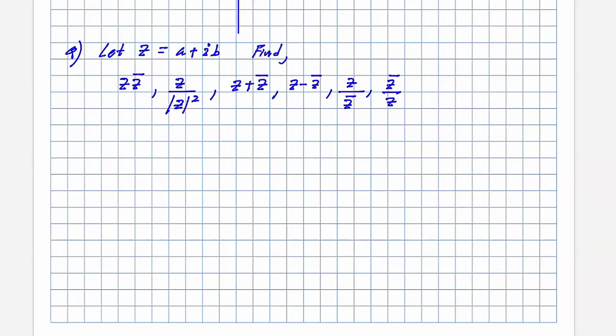So Z, Z bar, a plus ib, a minus ib. So if you do that, you get this, right? Then Z divided by this. So what is mod Z squared? Mod Z squared is nothing but this, right?